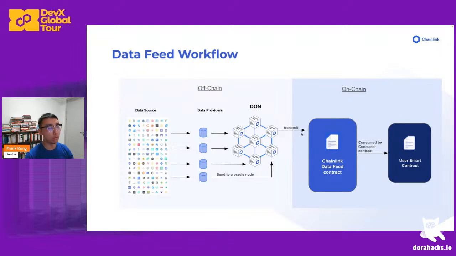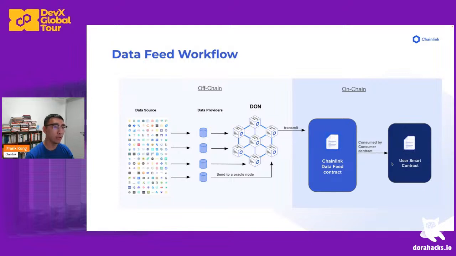So if this result is verified successfully and it is legal data, this data will be saved on the Chainlink data feed smart contract. And after this data is saved on the Chainlink data feed smart contract, it can be consumed by the user smart contract, or we usually call it a consumer smart contract.